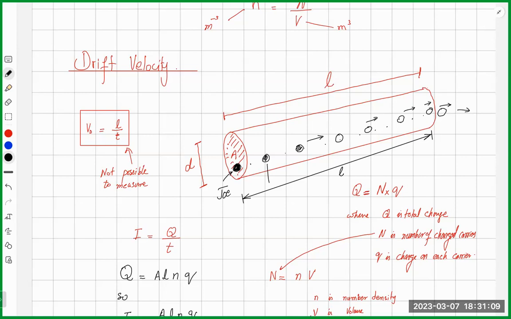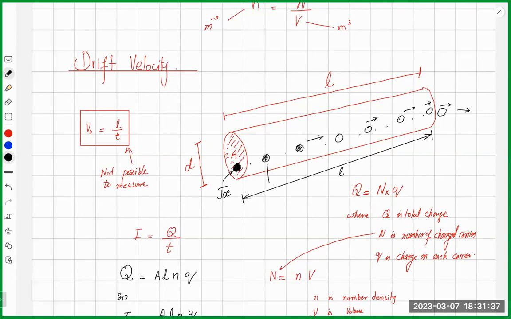Actually, how will we know when Joe came out from the other end? We cannot see electrons, we cannot classify them, we cannot paint them, we cannot put a marker on them.